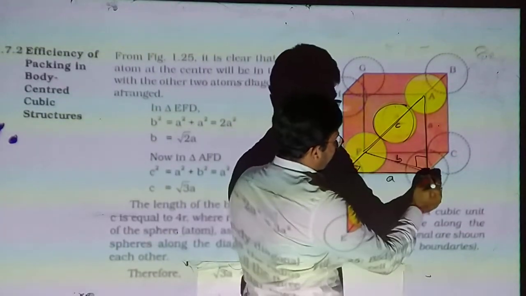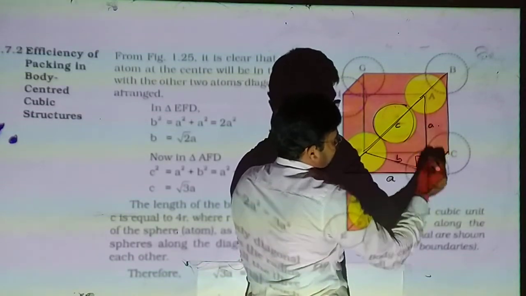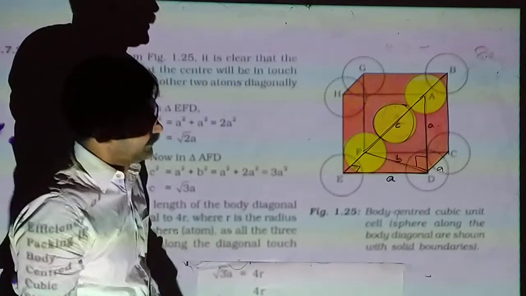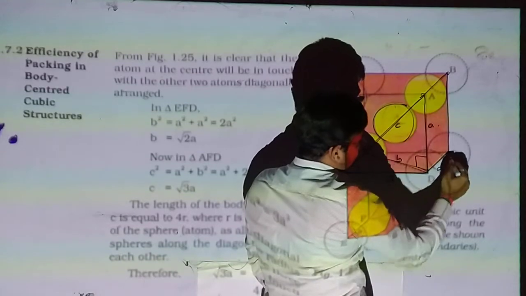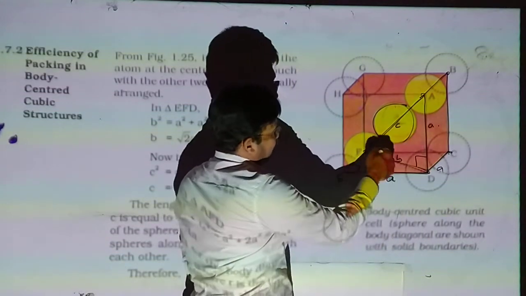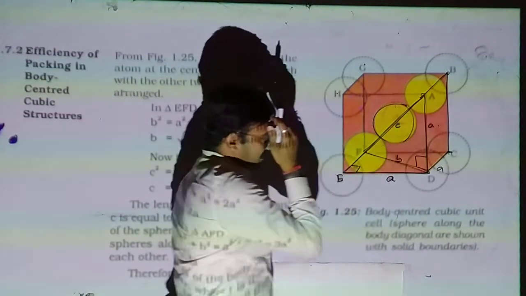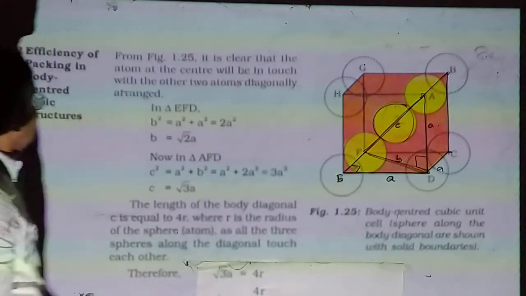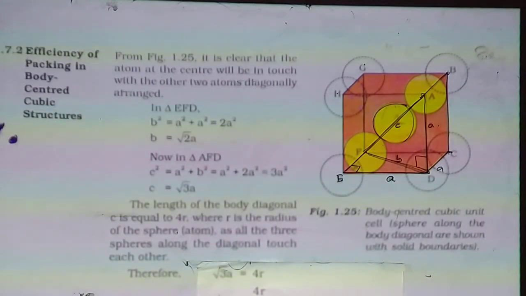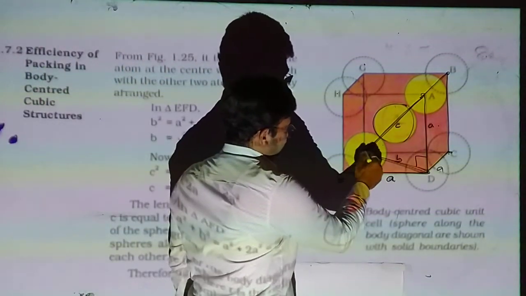Here our cube has length, breadth and height the same, assumed as A. Here the centers of spheres are A, B, C, D, E, F, G and H. This one is the hypotenuse C. This one is B. It is clear that the diagonally arranged spheres touch within triangle EFD. First we are taking E, F and D.